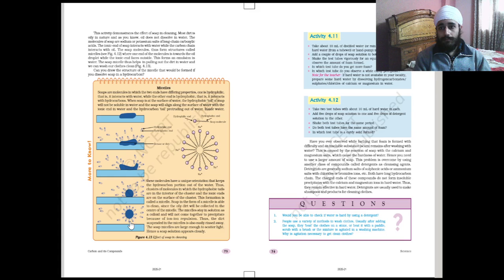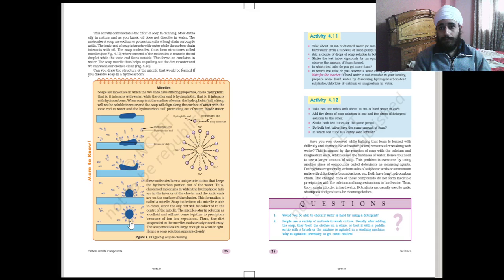Add a drop of soap solution to both. Shake them vigorously for an equal period of time and observe the amount of foam formed. In the first test tube foam forms, but in the second test tube, with the tube well or hand pump water, it does not, and it makes a curdy precipitate.